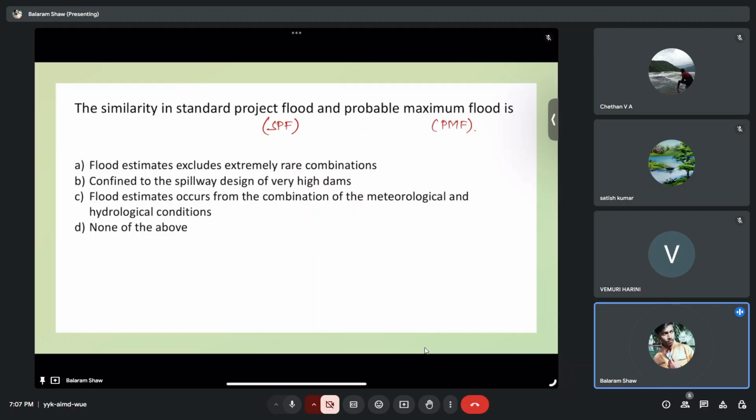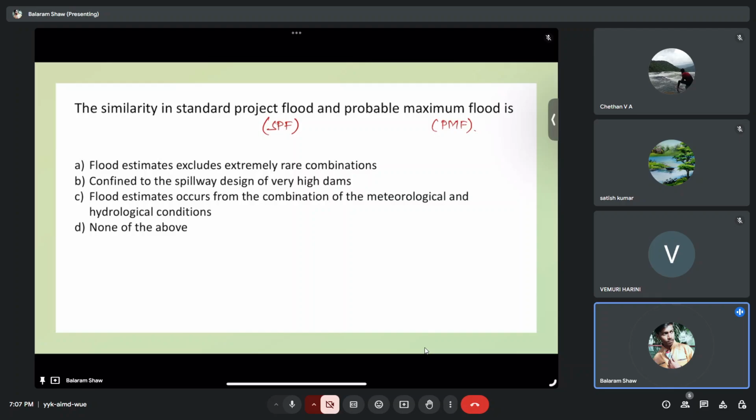We'll move to the next question. For aqueducts, the recommended design flood return period should be. So while dealing with the CWC guidelines and the Indian standards, you might have seen that for aqueducts, we generally keep 50 years.